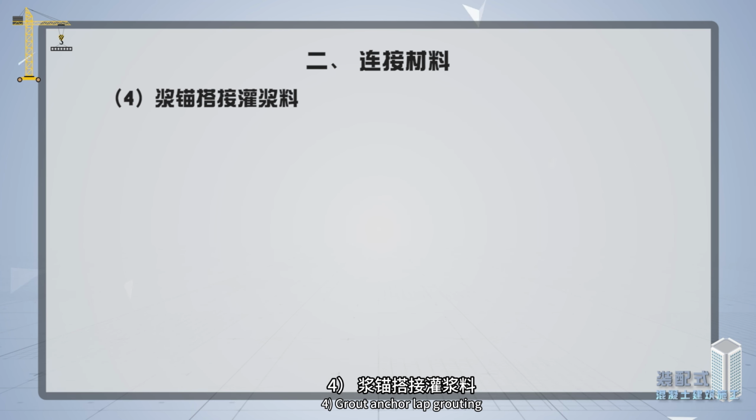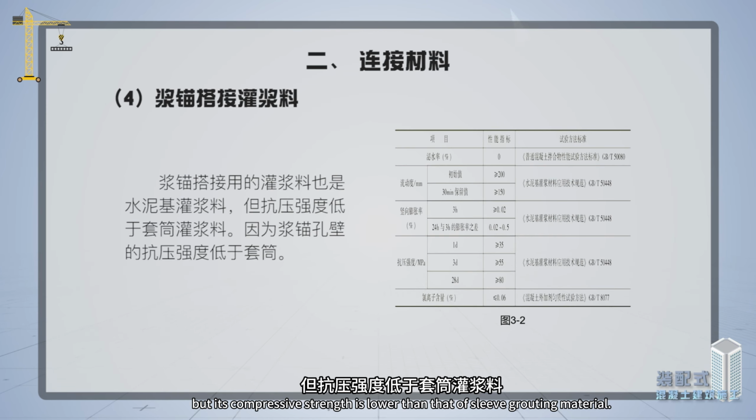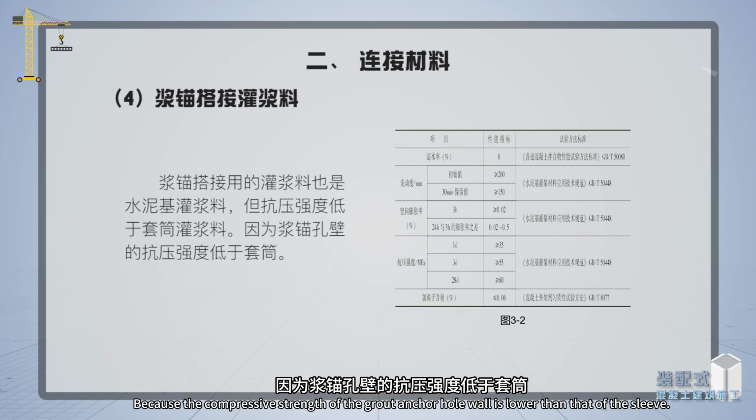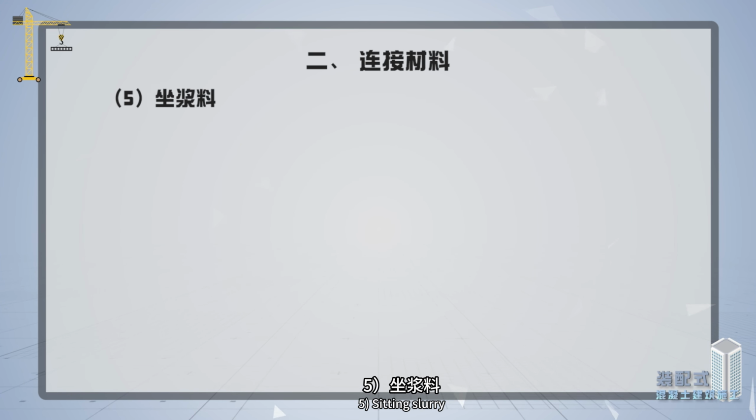4. Grout anchor lap grouting. The grouting material used for lap joint is also cement-based grouting material, but its compressive strength is lower than that of sleeve grouting material, because the compressive strength of the grout anchor hole wall is lower than that of the sleeve. 5. Sitting slurry.